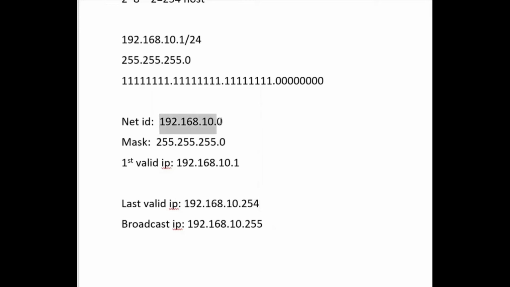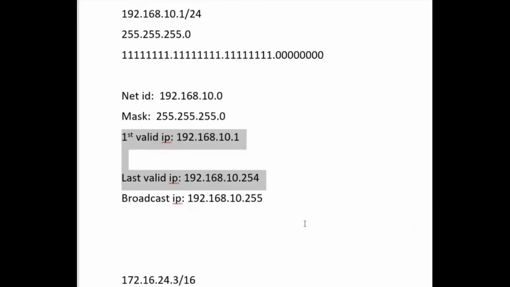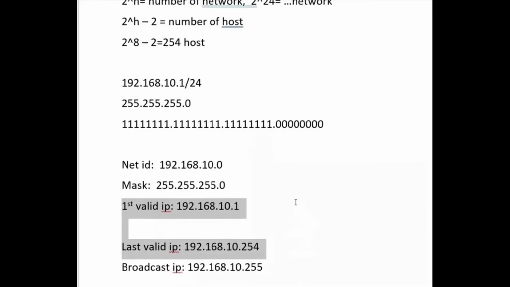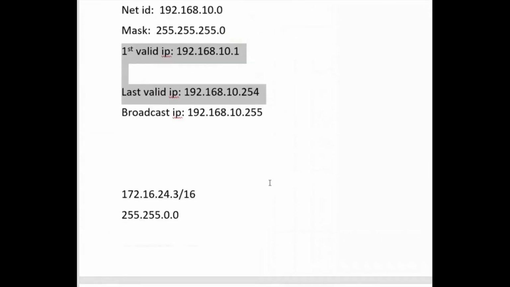For example, this big network we break down into small networks, and then we assign those small network address blocks to certain departments, and that is called subnetting. We don't want 254 people under one network, so that's why we do subnetting. How to do the subnetting we're going to discuss soon.